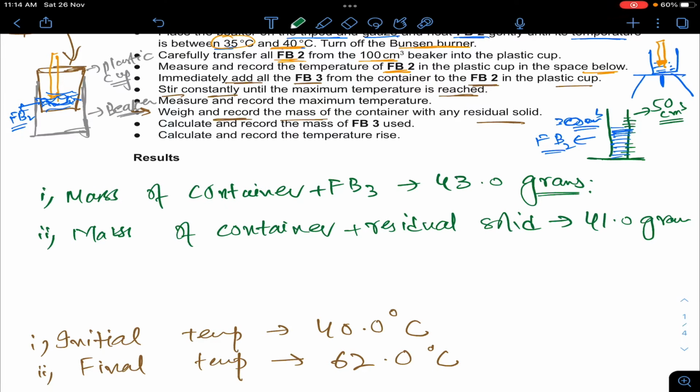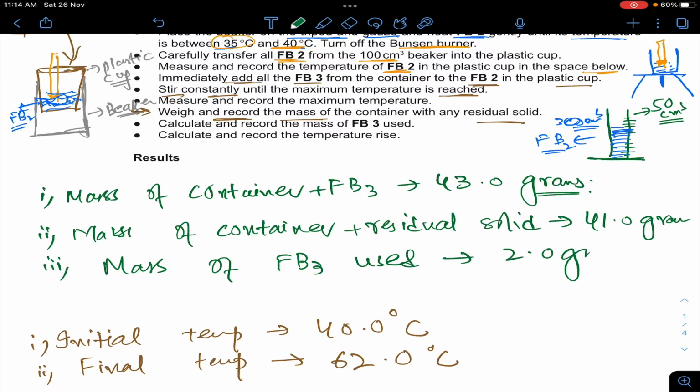We have the mass of container plus FB3, initially it was 43 grams, and then after adding FB3, the mass of container plus residual solid is 41 grams. So the mass of FB3 used is 2.0 grams.